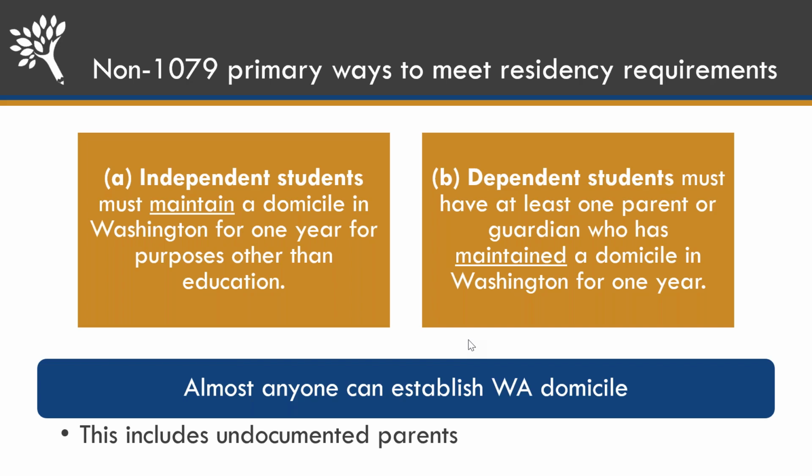I think this might need to be the last question in terms of timing. Gail, this one might be for you. It reads like this: do all students that meet residency by using non-1079 standards qualify for WASFA, or is it just DACA?